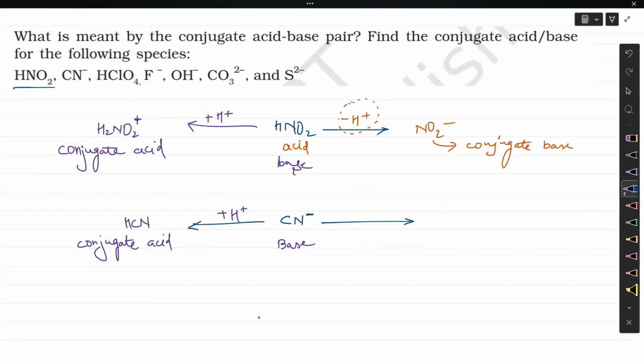For example, we have HS minus. Now in one case we are removing this H plus, and in one case we are adding H plus.